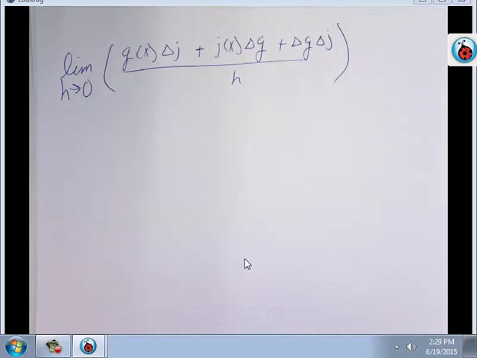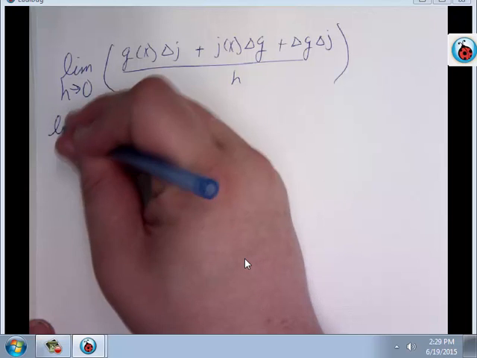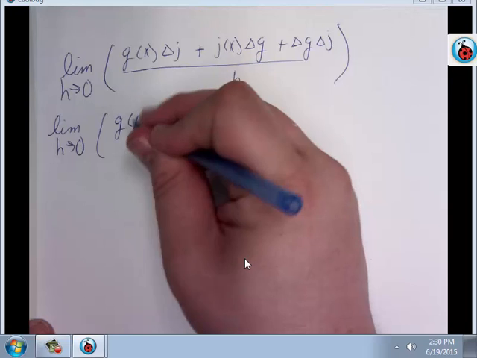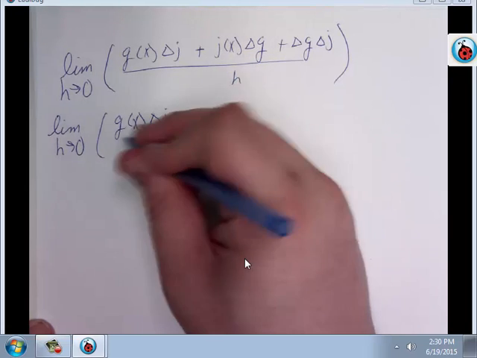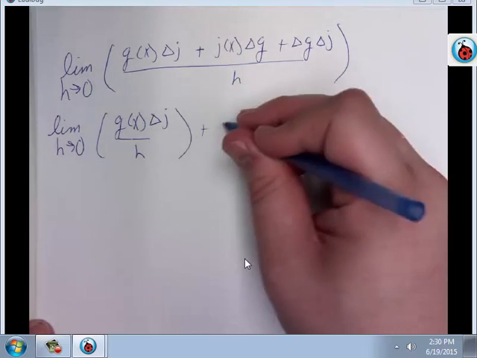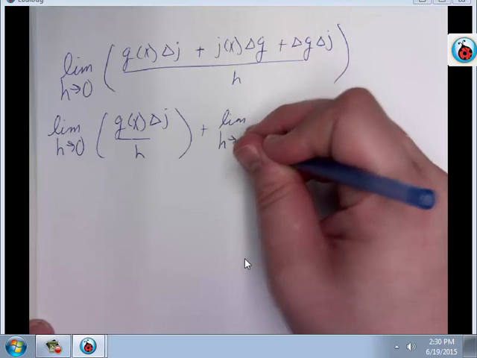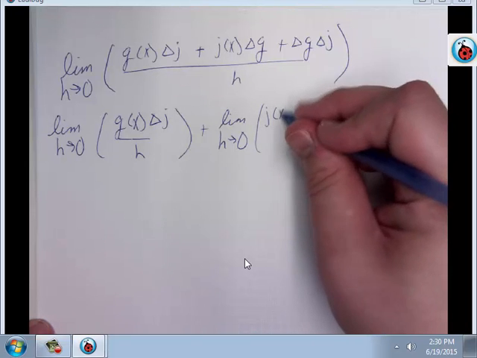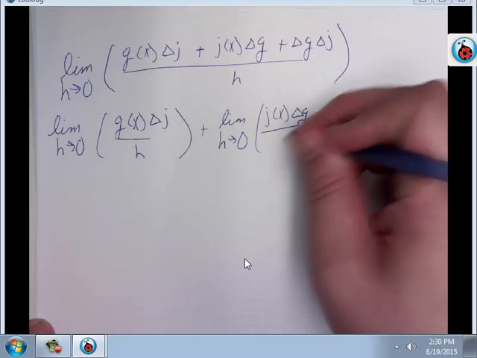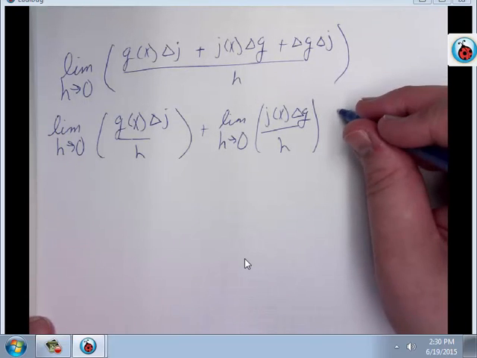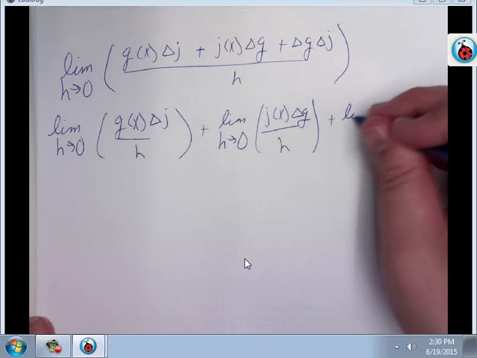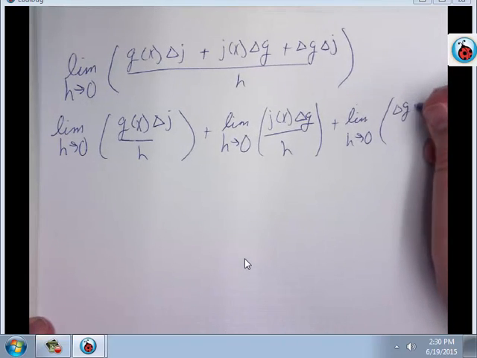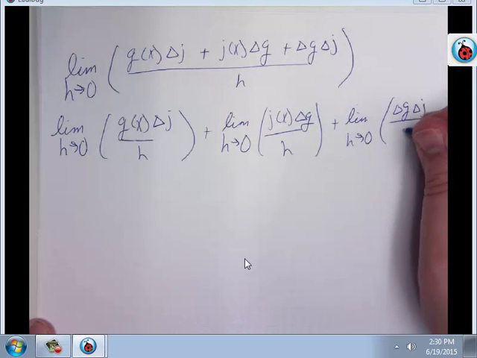Well, I'm going to split them up into each of their own limits. g of x delta j over h plus j of x delta g over h plus limit h goes to 0 of delta g delta j over h.